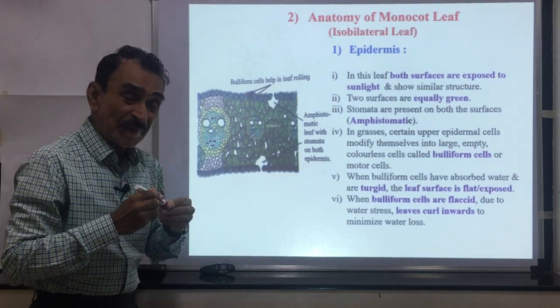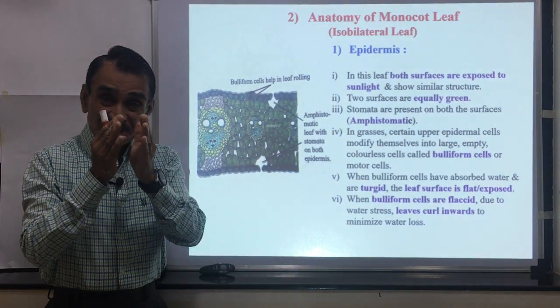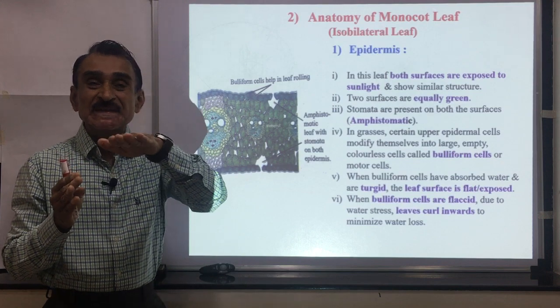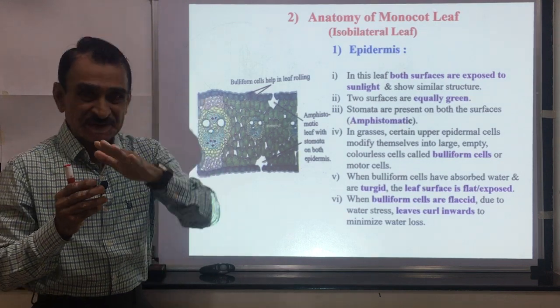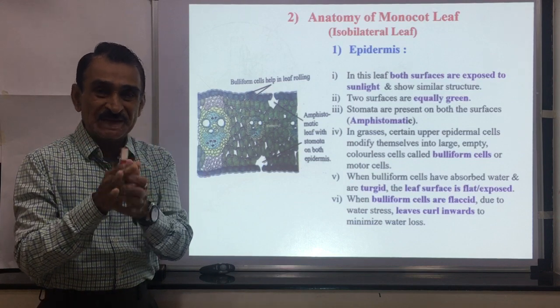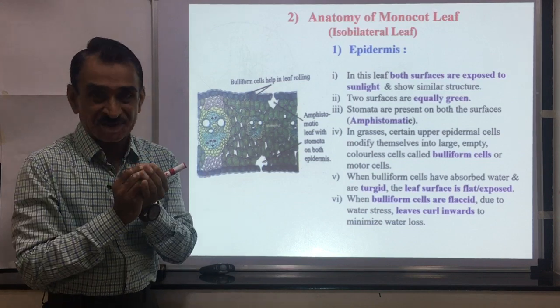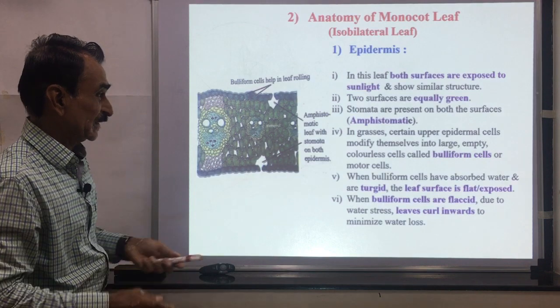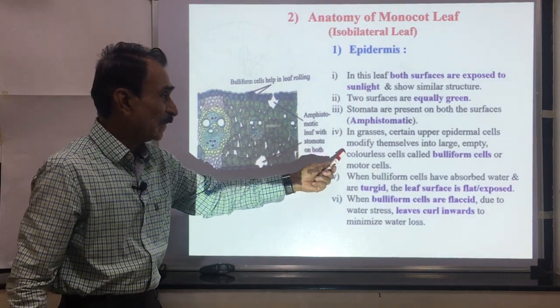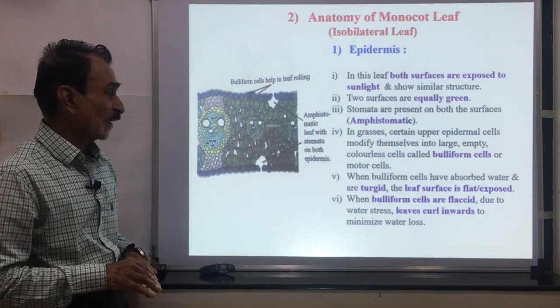When bulliform cells are turgid, the leaf is exposed and expanded. When bulliform cells lose water and become flaccid, the leaf collapses and temporarily wilts. In grasses, certain upper epidermal cells are modified into bulliform cells.